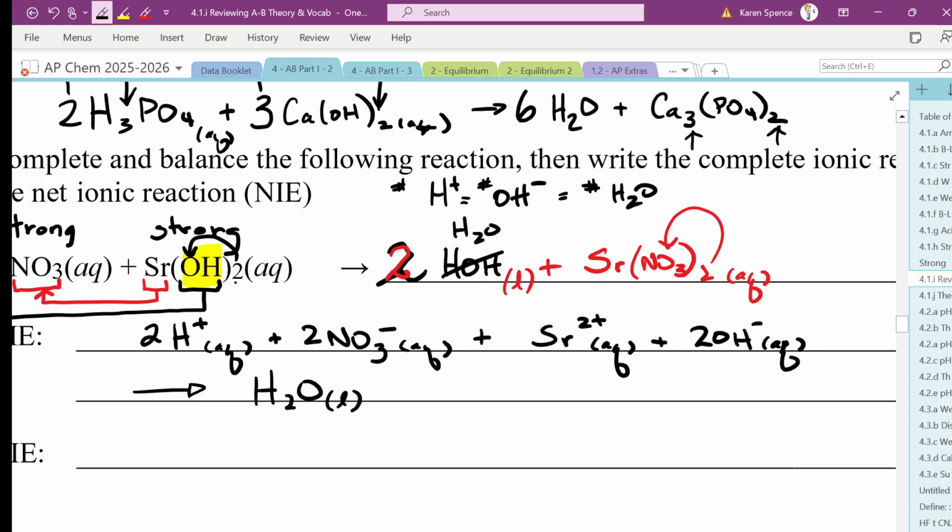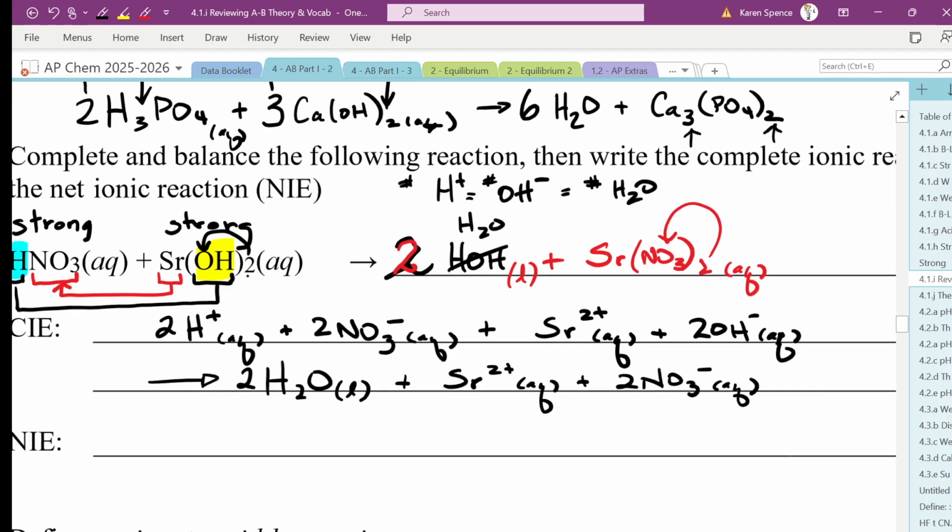You don't have to erase it, you can just replace it. Okay? All right, so we got 2H2O, and we have Sr2 plus aqueous plus 2 NO3 minus aqueous.